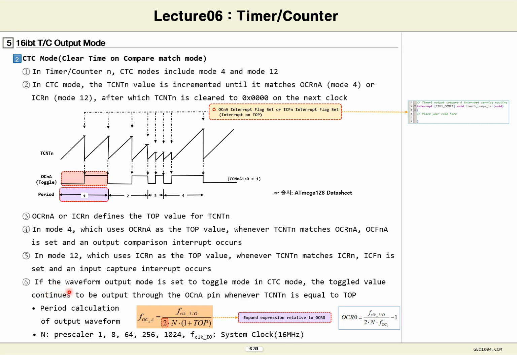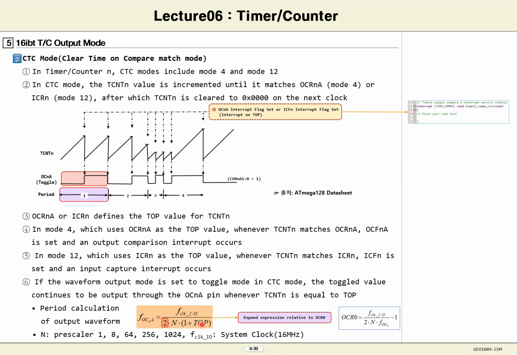This time, if the CTC mode is set to toggle in the output mode waveform, the toggle value will be continuously output through the OCnA pin. This happens whenever the TCNT value matches the top value. So, the formula for calculating the period of the output waveform is as you can see.